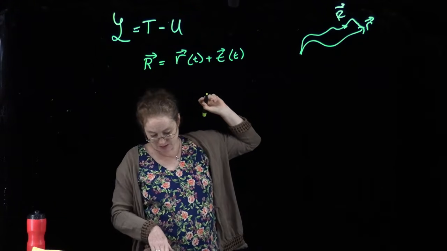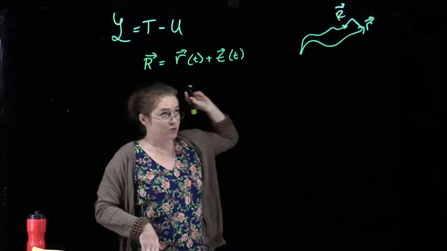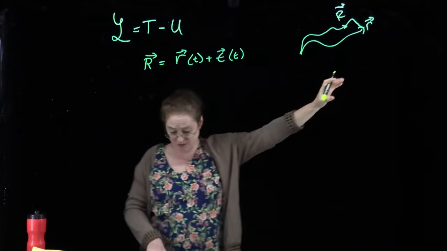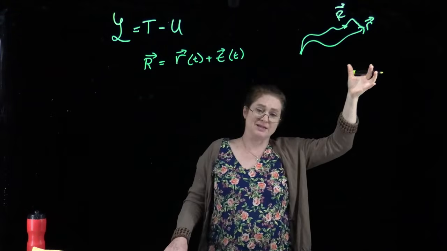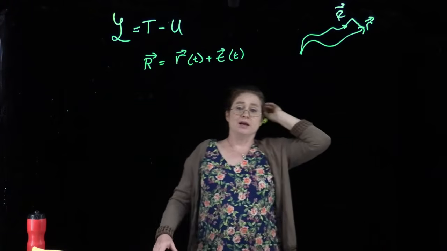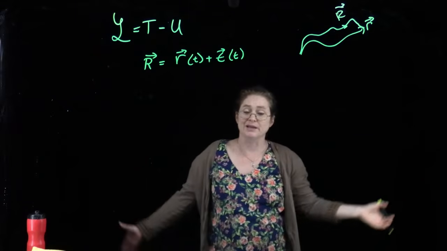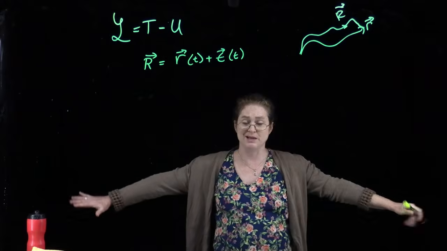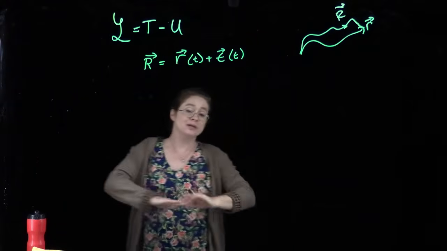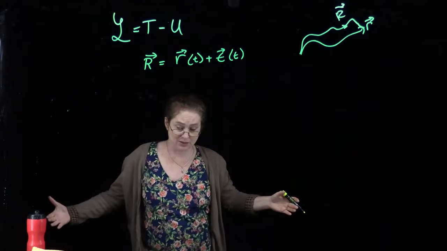And we're going to assume that these two paths are on some surface, and the epsilon is constrained on the same surface as well. So if you are talking about a particle moving in a plane, you have to stay in the plane. If you say it's in the xy plane, there's no z component, so your epsilon cannot have a z component. We're only going to consider deviations that are within those constraints.